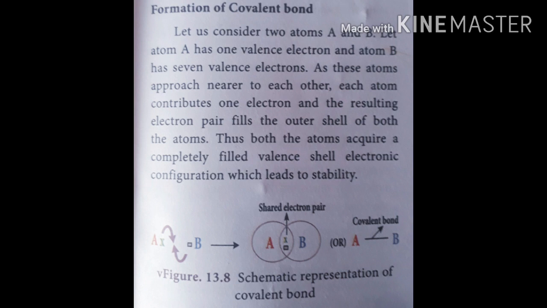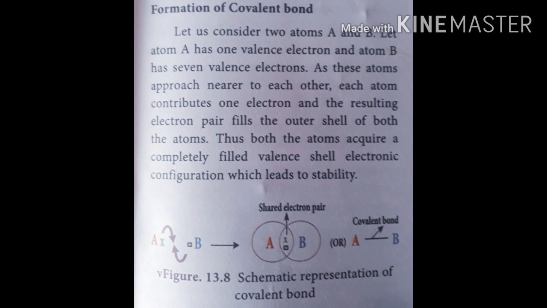Totally 2 electrons, a pair of electrons, are common for these two atoms A and B. Thus both atoms acquire a completely filled valence shell electronic configuration, which leads to stability. So the covalent bond is formed, and both their needs are fulfilled in order to attain the nearest electronic configuration of noble gases.